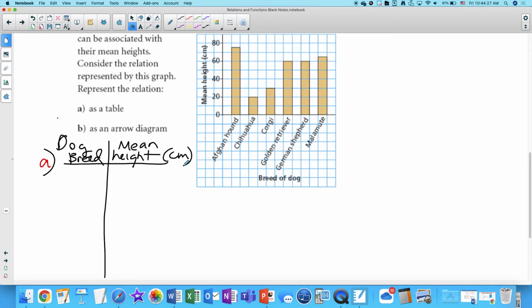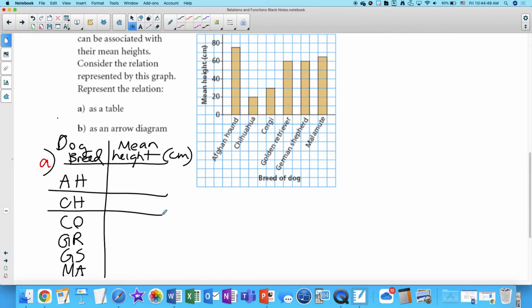I've got the Afghan Hound, I've got the Chihuahua, and again, I'm abbreviating, the Corgi, the Golden Retriever, the German Shepherd, and the Malamute. Okay, and then I'm going to put in the mean height. What is the mean height of the Afghan Hound? Yeah. 75. Good, it's 75. How did you know 75?